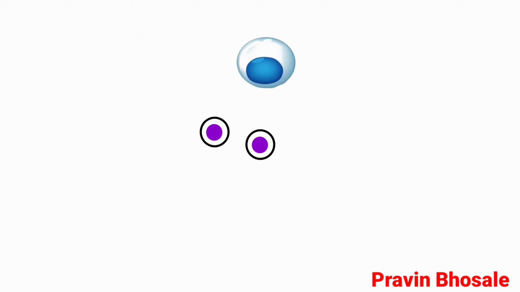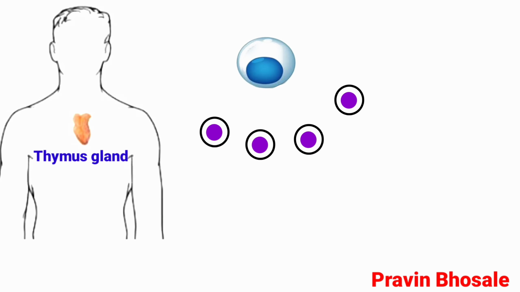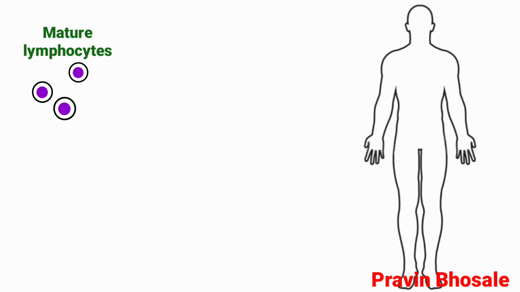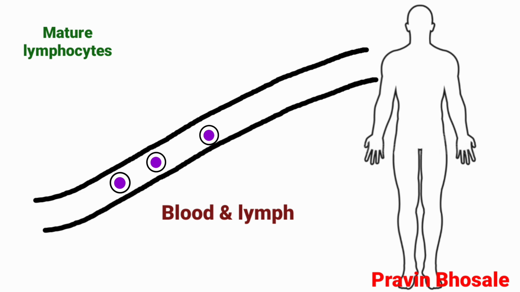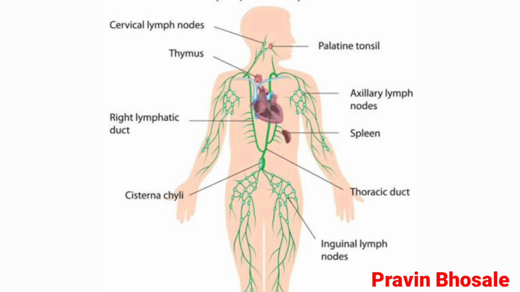Others are differentiated in the thymus gland and are termed T lymphocytes. The mature lymphocytes pass into the body fluids, blood and lymph, and circulate in the body. Many of them stay in the lymph nodes.